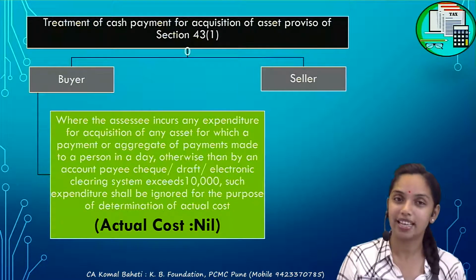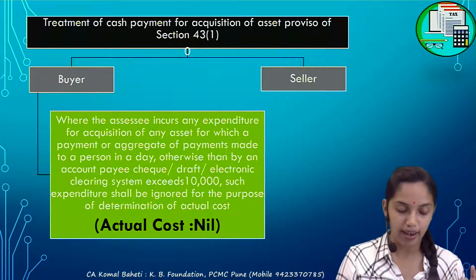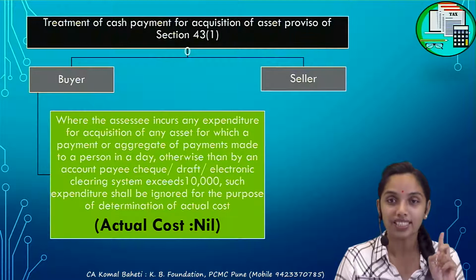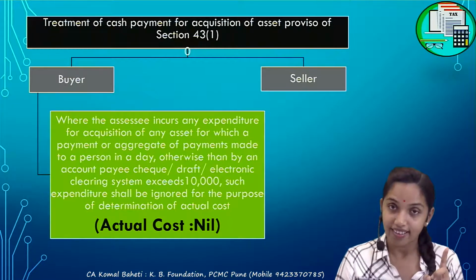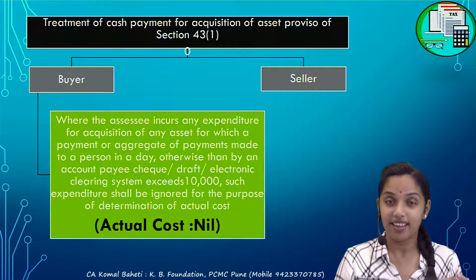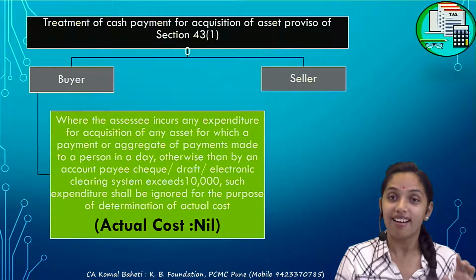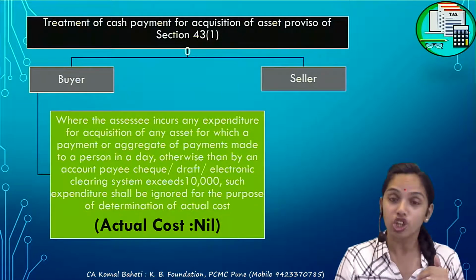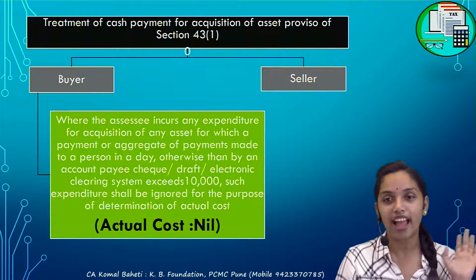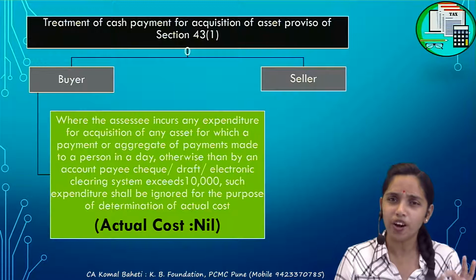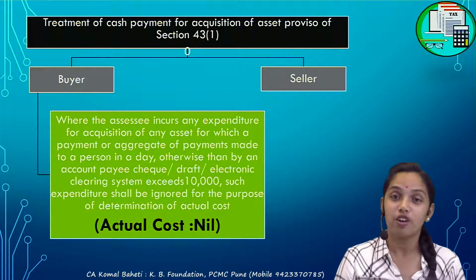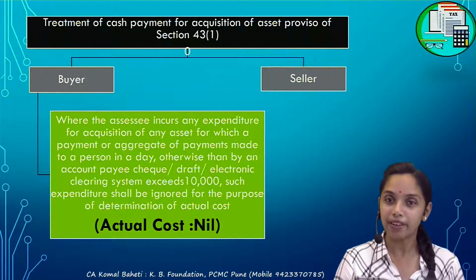The same thing is being said here: where the assessee incurs any expenditure for the acquisition of an asset, for which the aggregate amount of payment made to a single person in a day exceeds 10,000, and the payment has been made otherwise than by account payee cheque and account payee DD, then such expenditure shall be ignored for the purpose of determining the actual cost of the asset. It means that you won't get depreciation on that part of the asset, because the actual cost would be considered as nil for the purpose of depreciation. Are you clear with it?